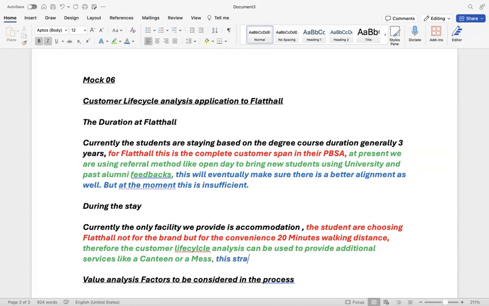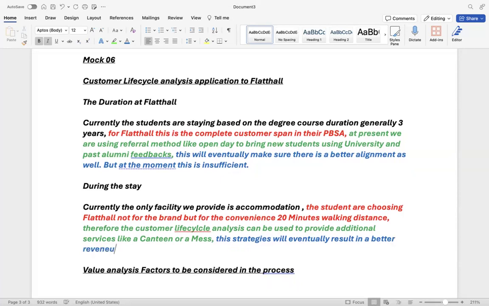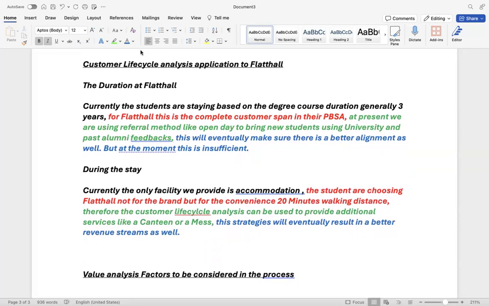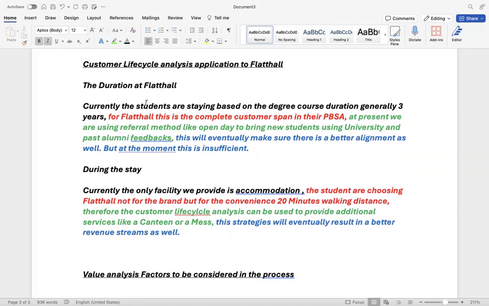These strategies will eventually result in better revenue streams as well. Full stop. That is one factor. Okay. Then students, the next thing.